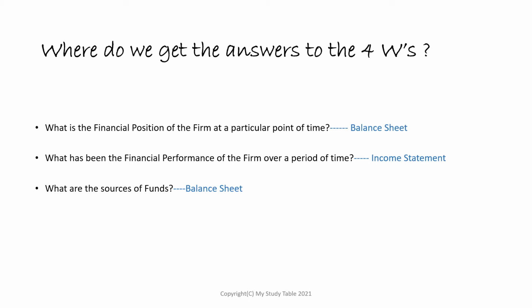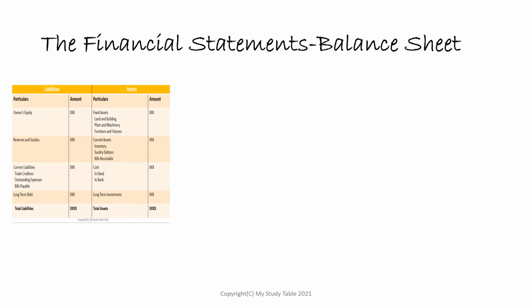What are the sources of funds? You can find that in the balance sheet. And what have been the uses of those funds over a period of time can be interpreted from the cash flow statement. Let's begin with understanding all the financial statements, beginning with the balance sheet.